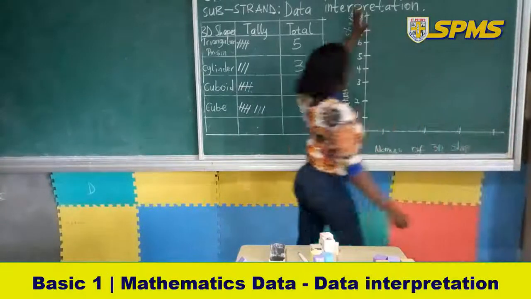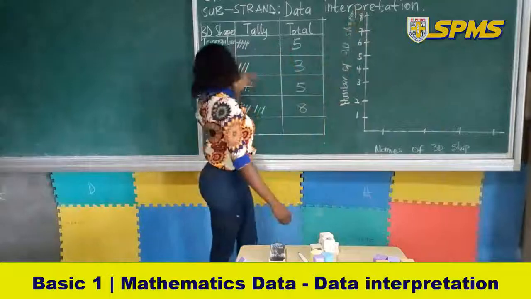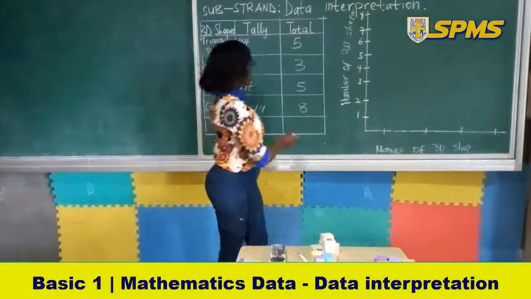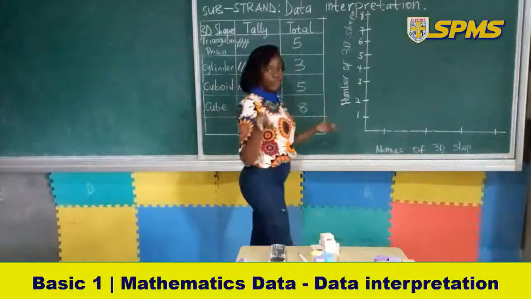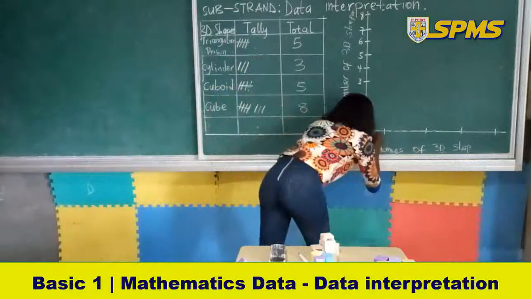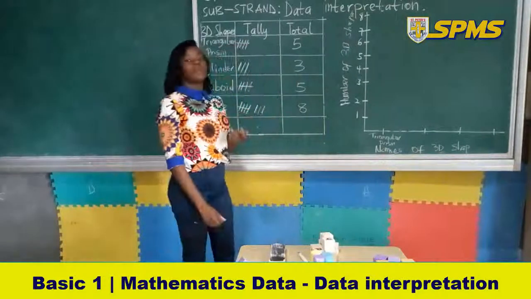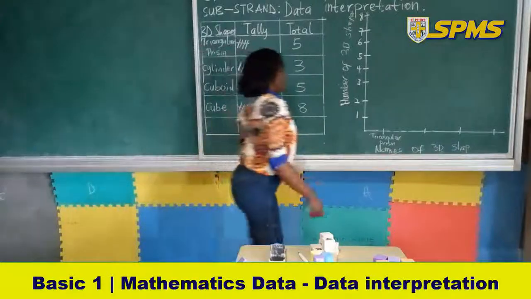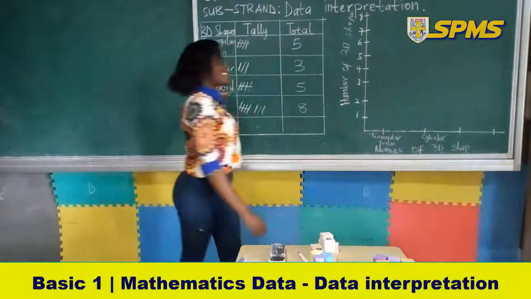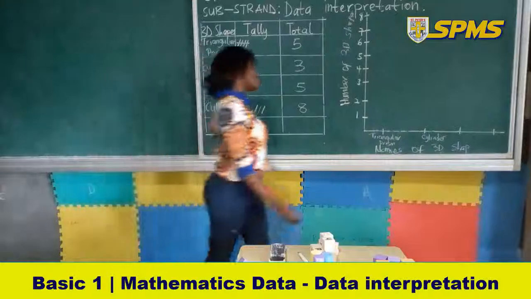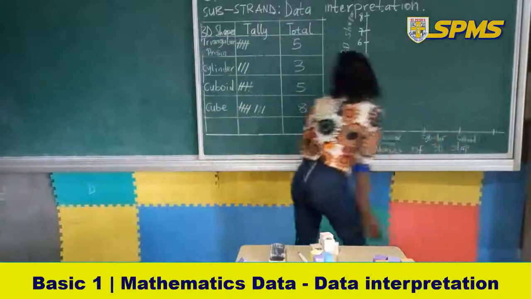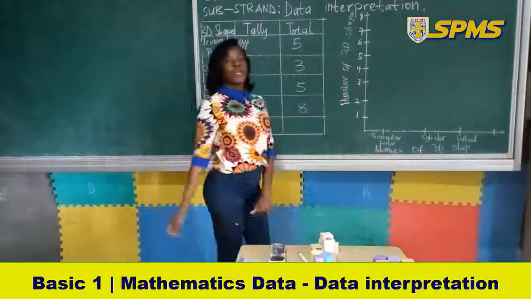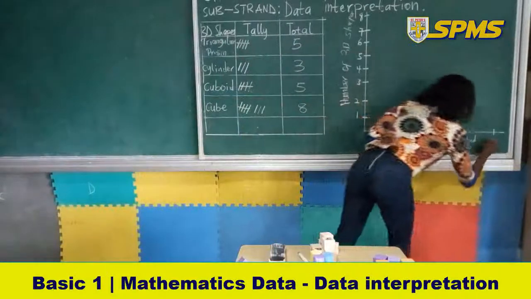So we have our numbers here already. Let's look at the names. The first name is triangular prism. Very good. The next name is cylinder. Good. Next is cuboid. Good. And our last 3D shape is cube.